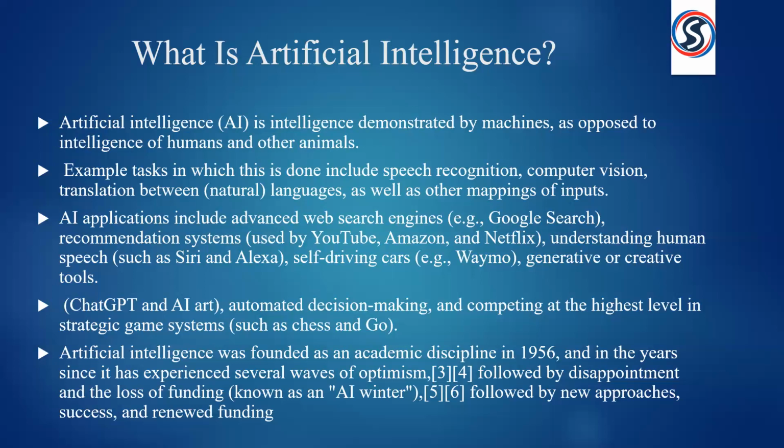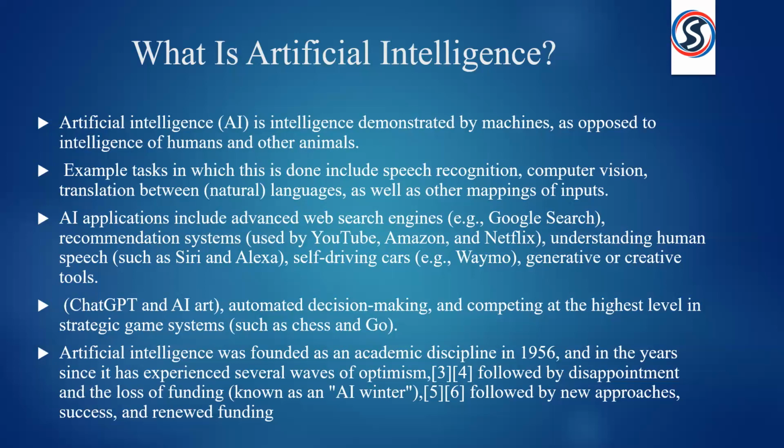Artificial intelligence was founded as an academic discipline in 1956, and since then it has experienced several waves of optimism, followed by disappointment and loss of funding, followed by new approaches, success, and renewed funding.